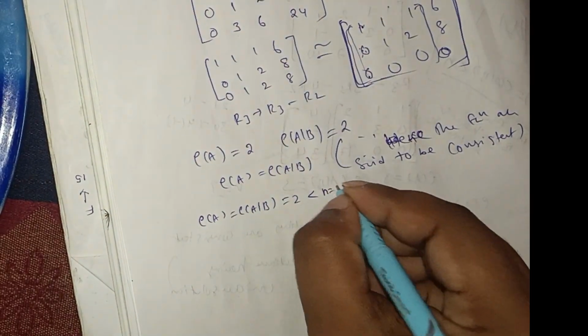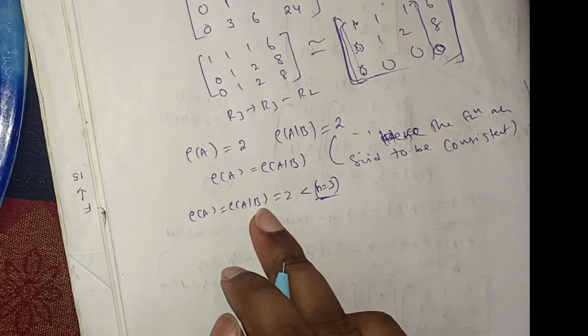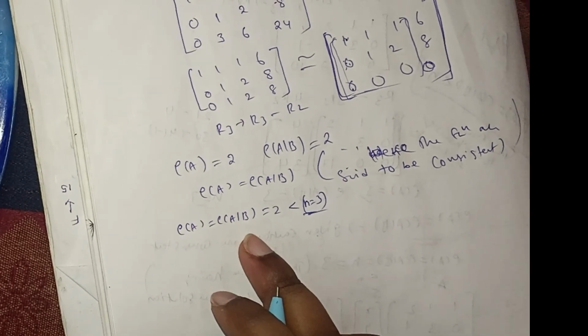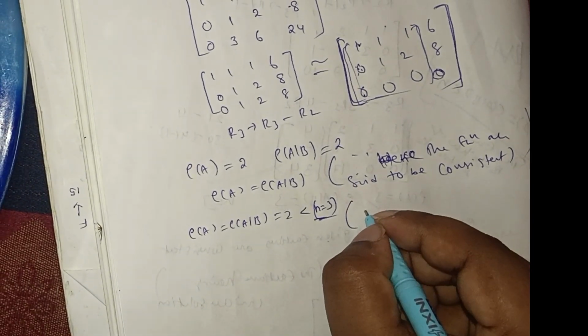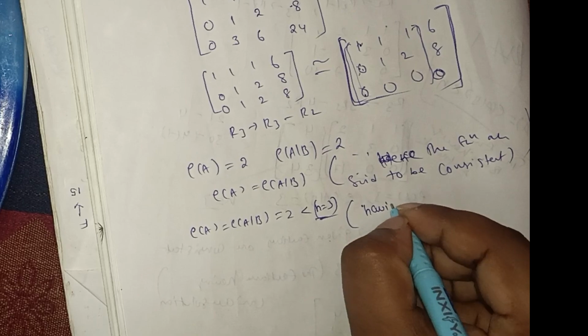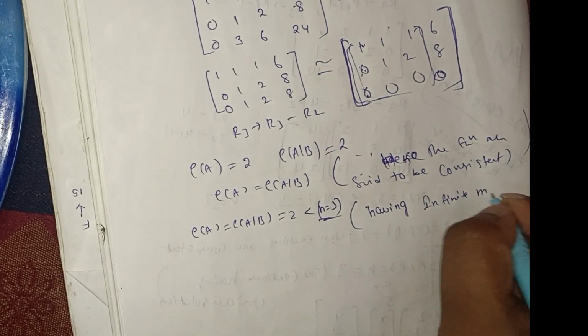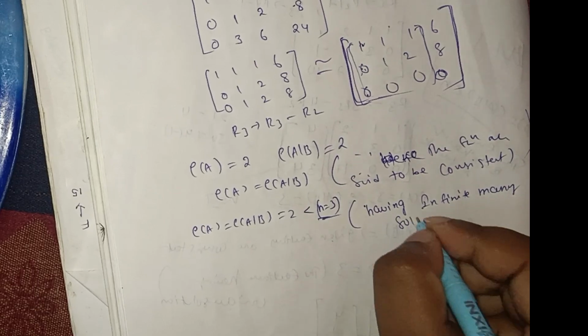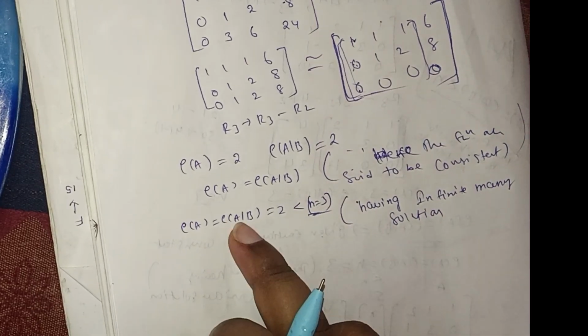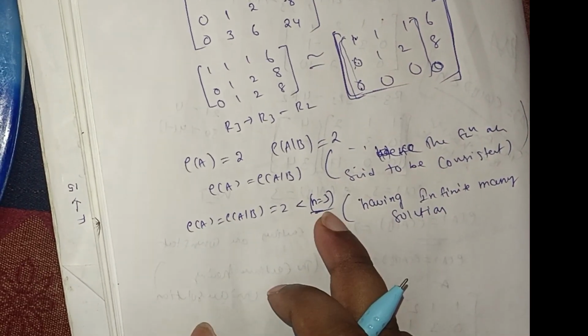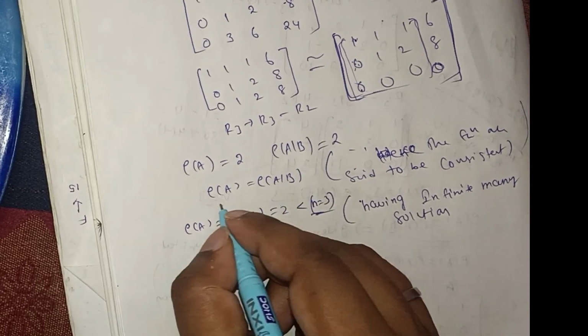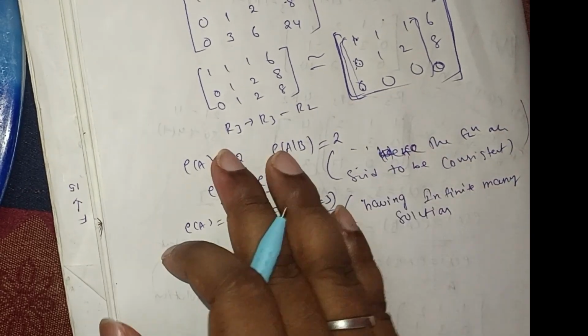How much is n? n is equal to 3. It is less than n = 3. So the equations are consistent but have infinitely many solutions. Why? Because the rank of the augmented matrix and the A matrix is less than the number of variables, even though they are equal, hence these equations are consistent.